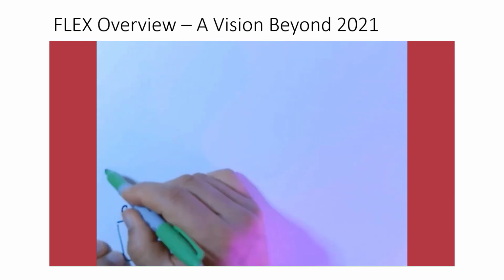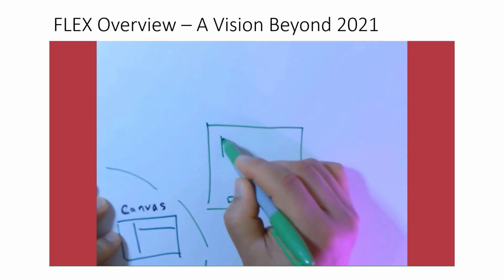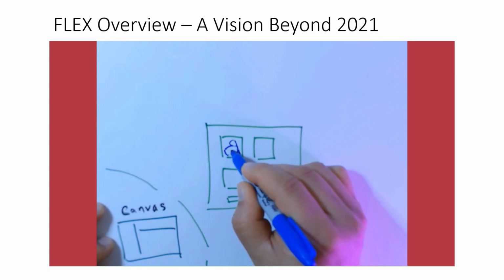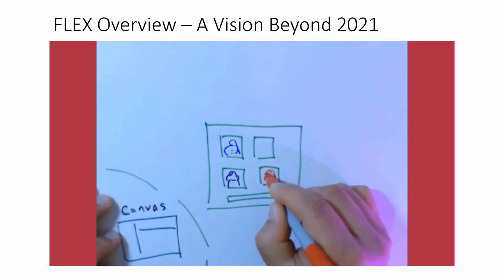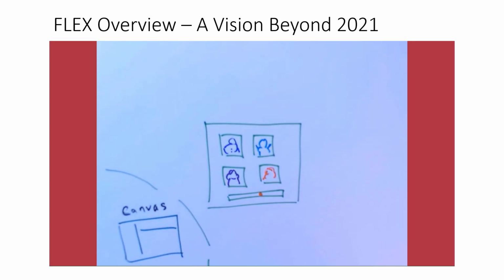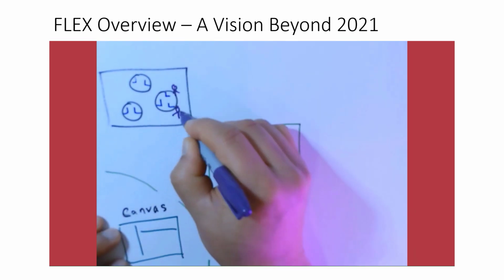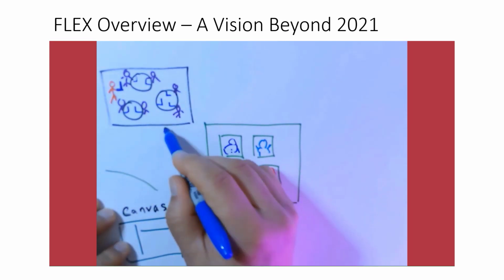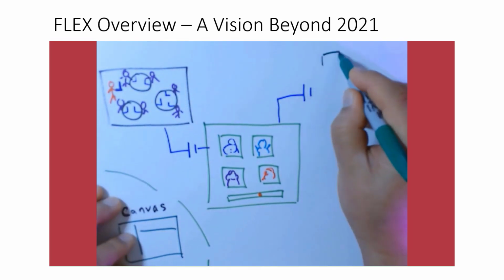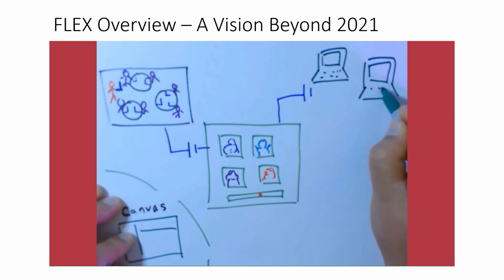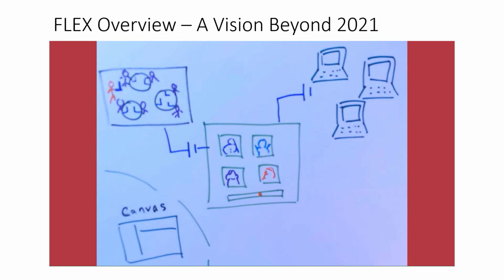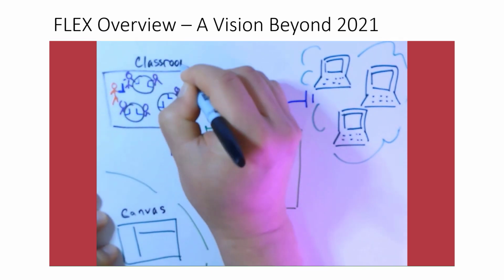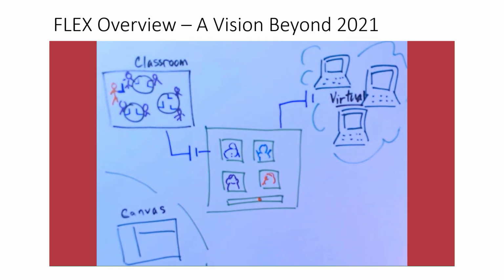Flex class will start from Canvas, where all the learning materials are stored. The Zoom class is the focal point of Flex class. Everybody from the classroom as well as the virtual online students will be joining Zoom class. As you can see, the students in the classroom also use their laptop to join Zoom.